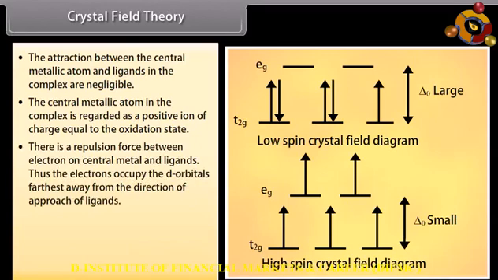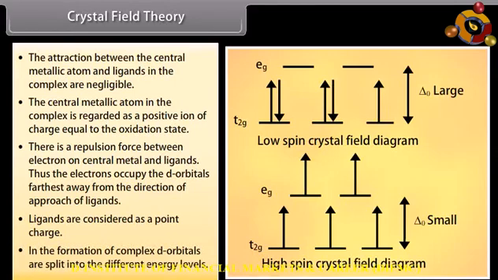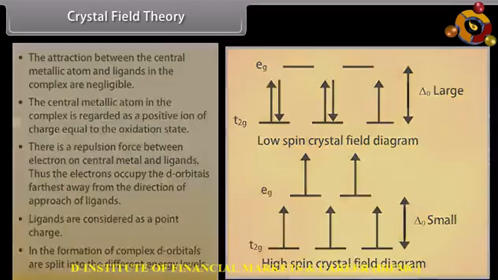There is a repulsion force between electrons on central metal and ligands. Thus, the electrons occupy the d orbitals farthest away from the direction of approach of ligands. Ligands are considered as point charges. In the formation of complex, d orbitals are split into different energy levels.